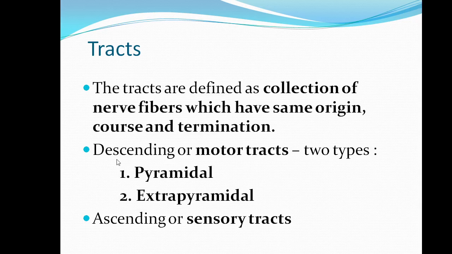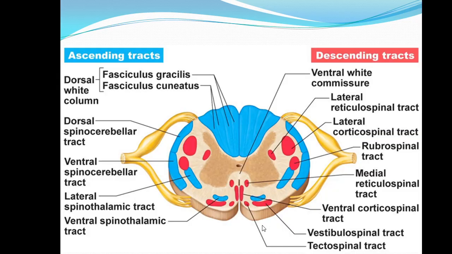They are descending tracts and ascending tracts. The descending tracts are of two types, pyramidal and extrapyramidal. The ascending tracts are the sensory tracts. In this diagram, we can see the arrangement of the ascending and descending tracts.